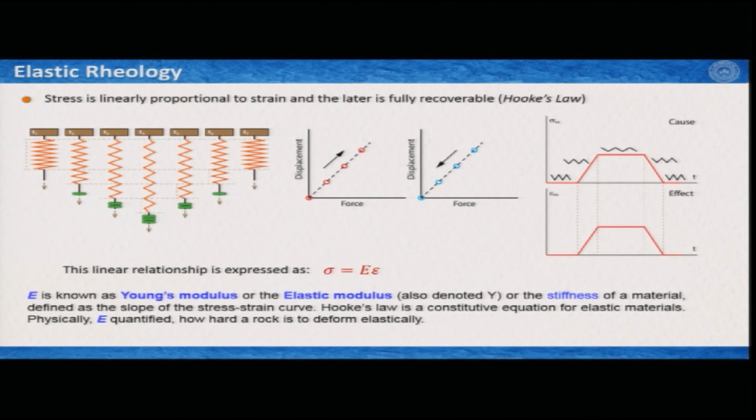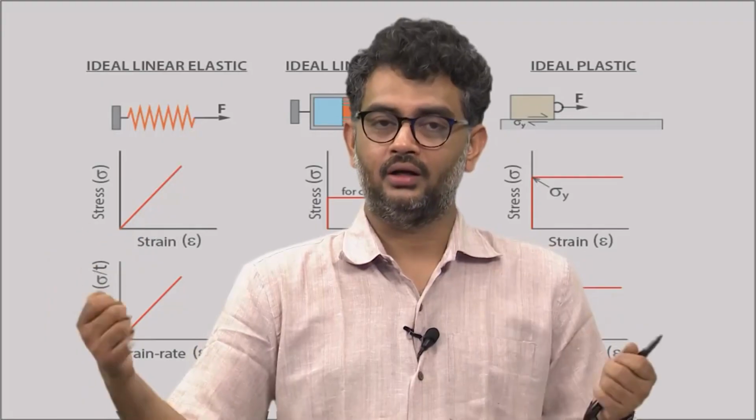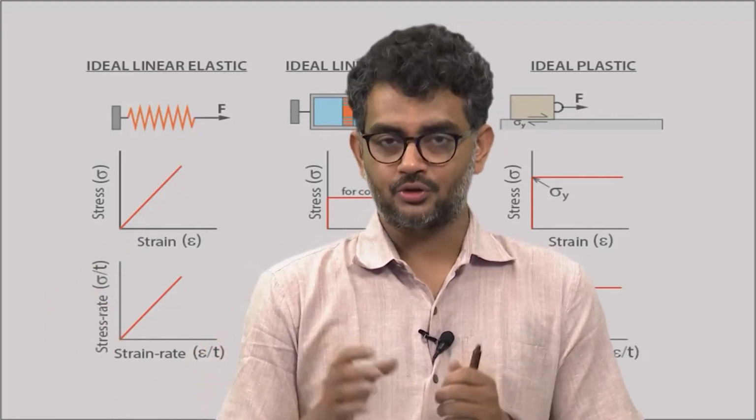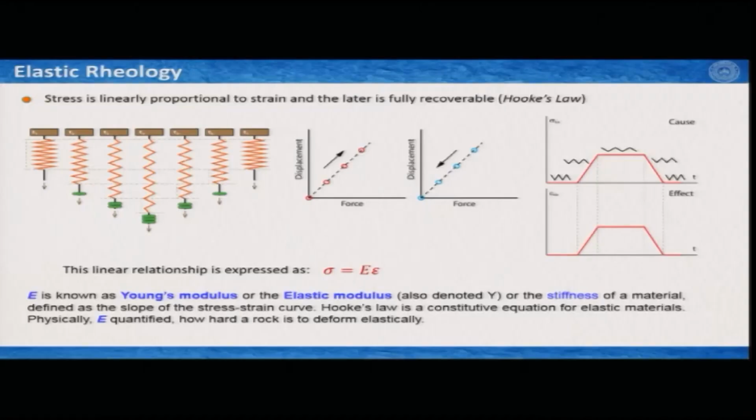If you stretch it, it expands, and if you release it, it comes back to its original position. But if you stretch it more, it does not come back to its original position, but that is something different.